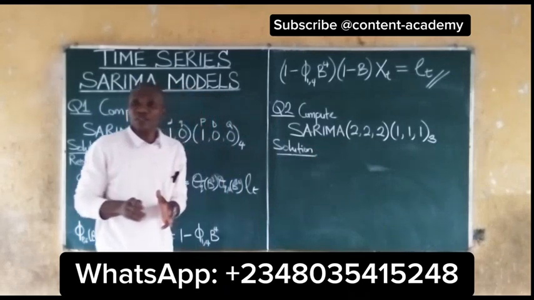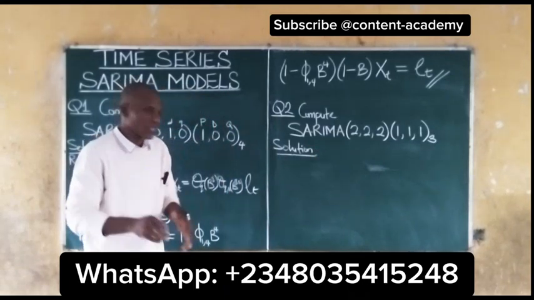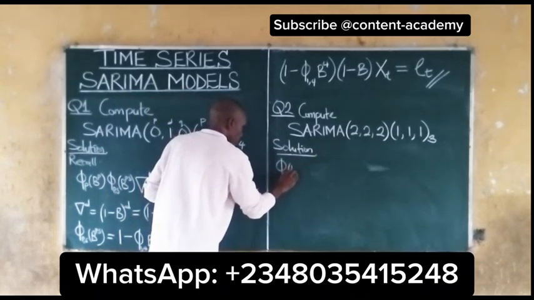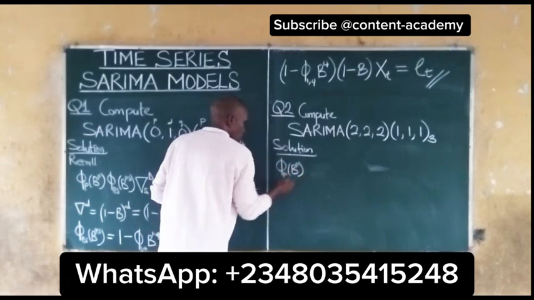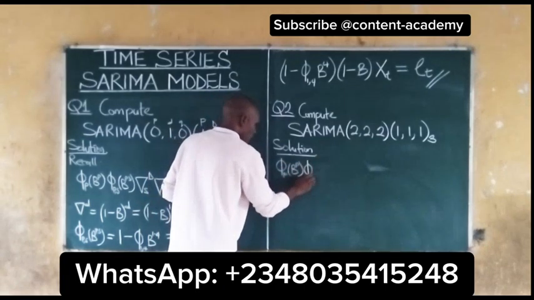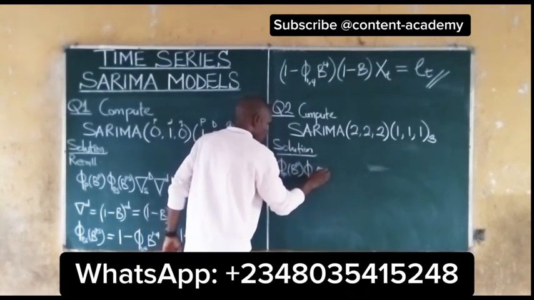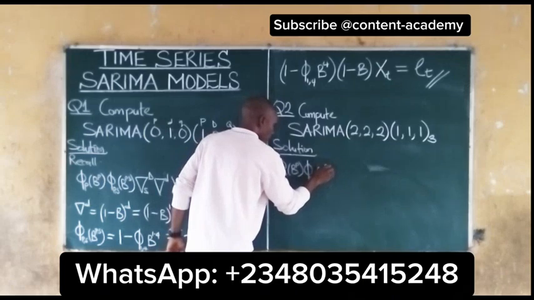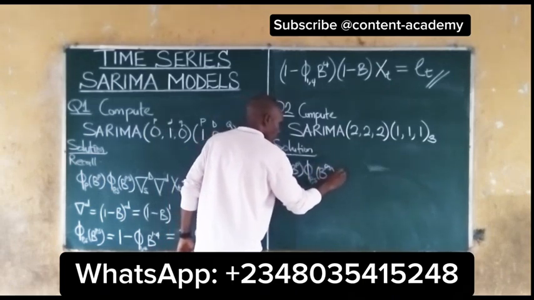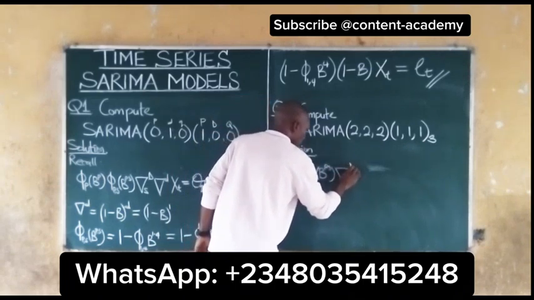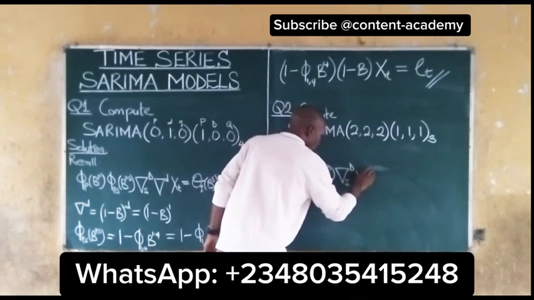The first thing to do will be to write out the model. So we can write our model: phi_p(B) multiplied by Phi_P(B^S), then the seasonal part and the non-seasonal part.